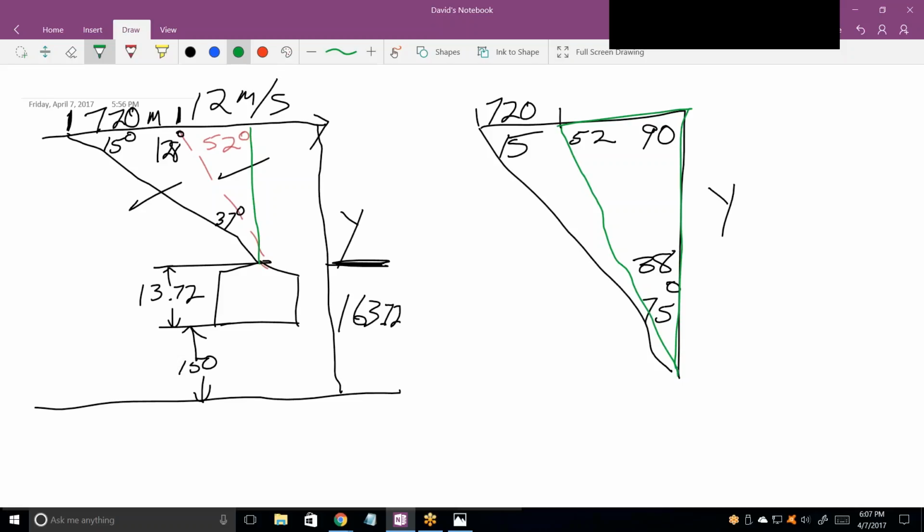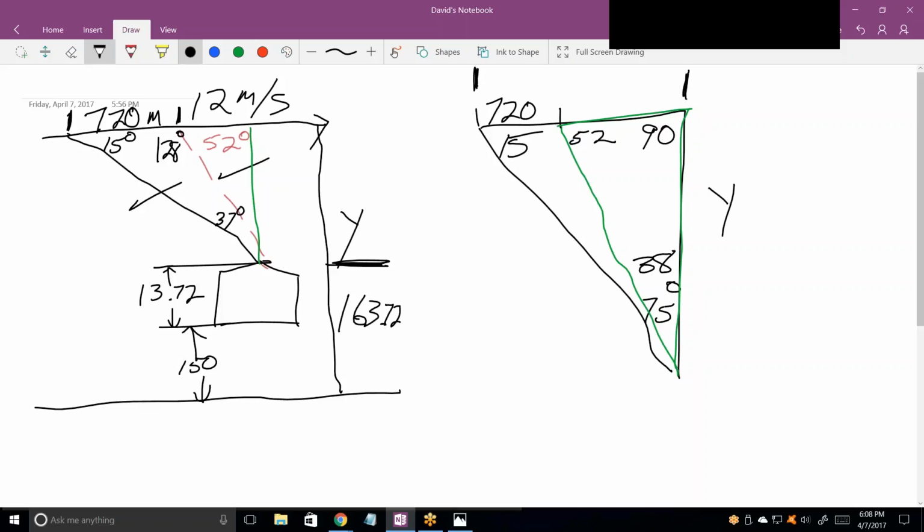Question is, how do I get this distance here from there to there?